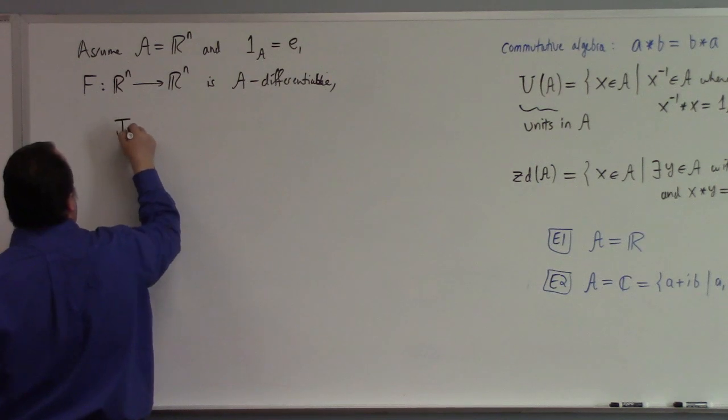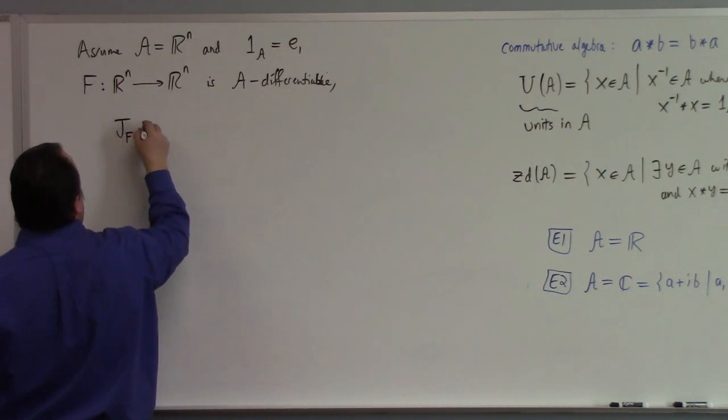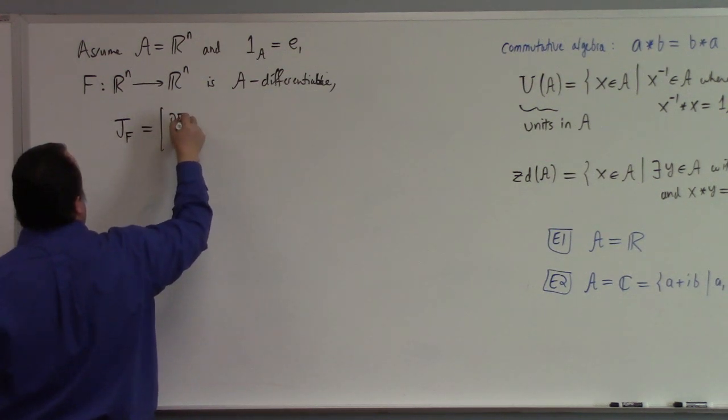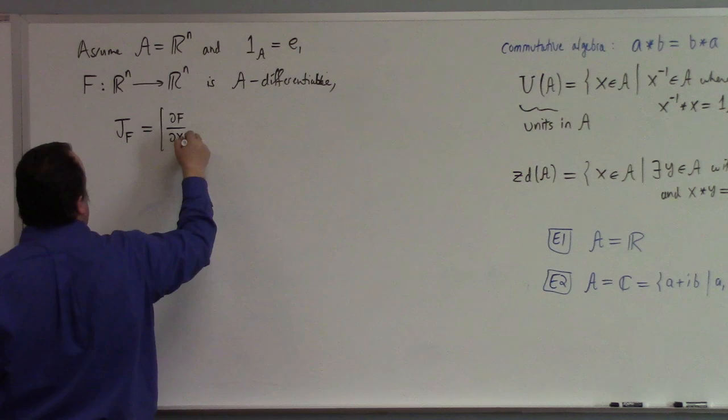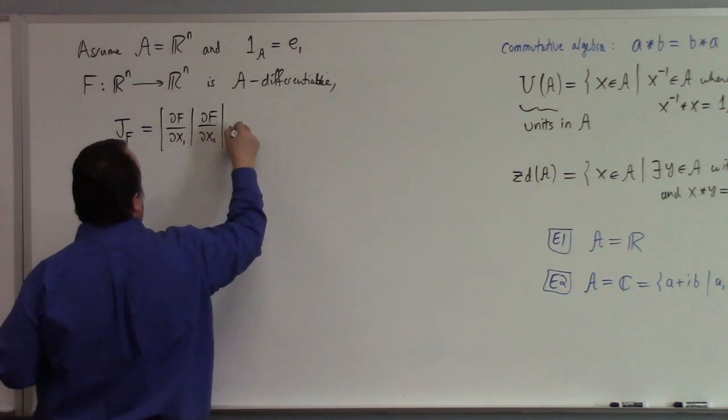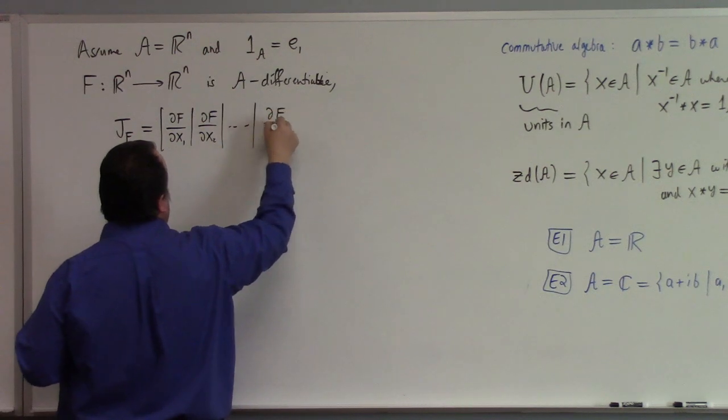The Jacobian of f is what? If you don't mind, I'm going to suppress the point dependence for a second here, guys. We could write it as partial f partial x1, partial f partial x2, and so on out to partial f partial xn.